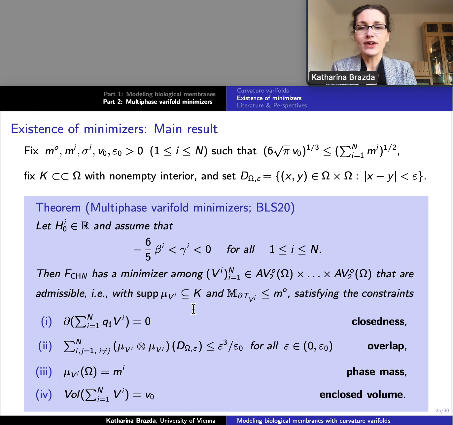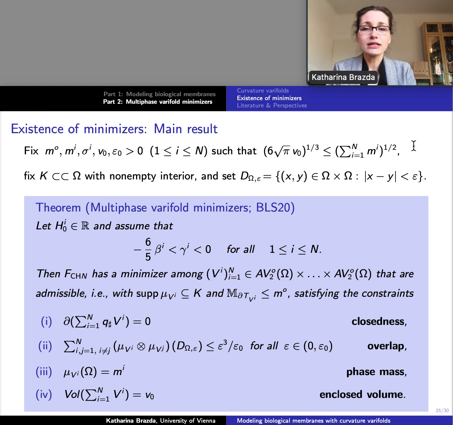First, we fix some constants, such that in particular isoperimetry is respected, and further let K be a constant set in omega and denote d omega epsilon a strip with 2 epsilon around the diagonal in the product space.